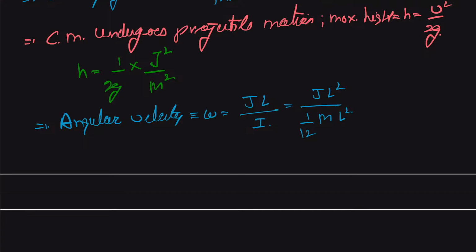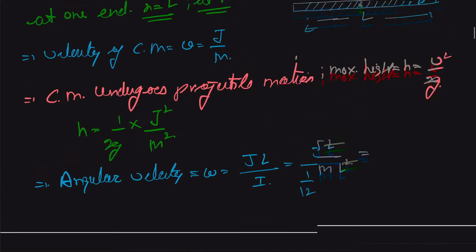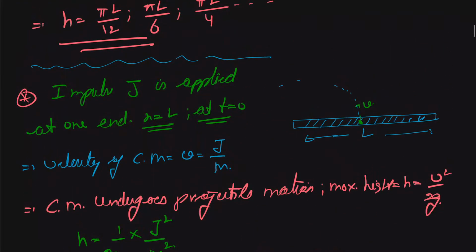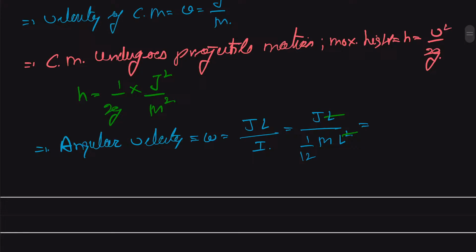And so this is JL, not JL square. So the square goes away, and this will be coming as 12J divided by mL.